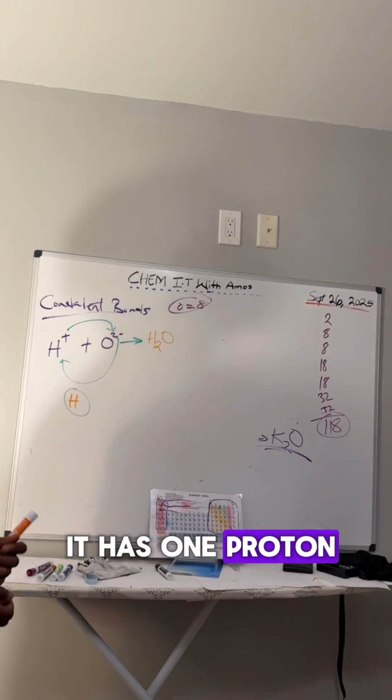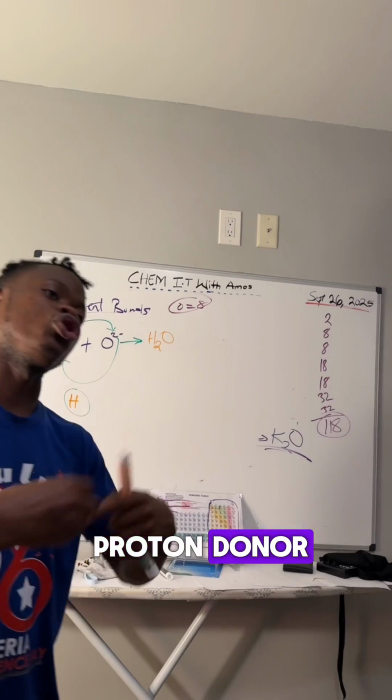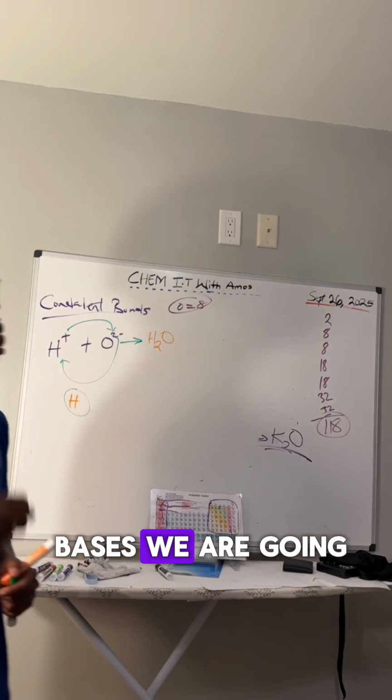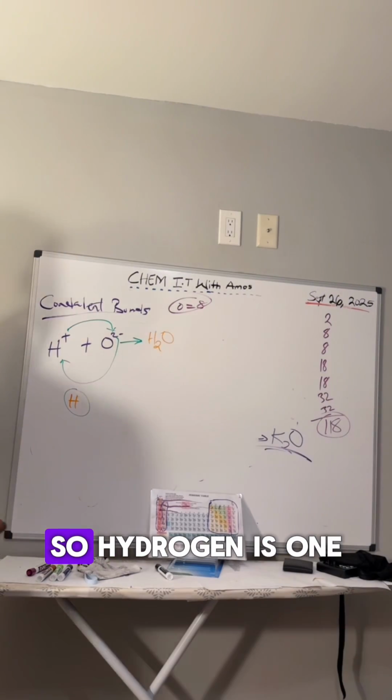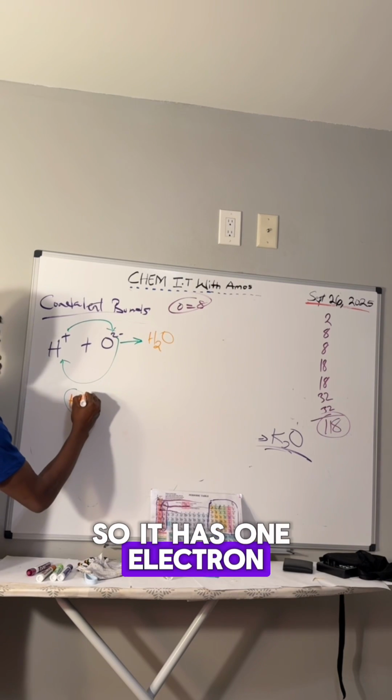Mostly hydrogen is referred to as a proton donor, but in our next video on acids and bases, we are going to show that. Okay, so hydrogen is element 1, so it has 1 electron.